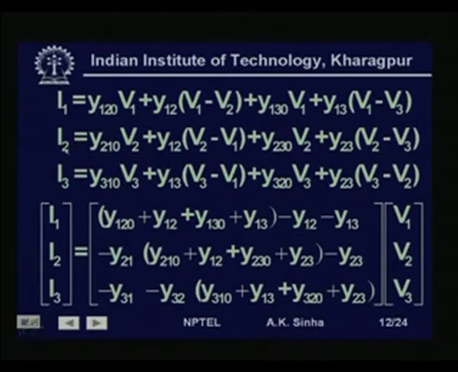Same way, we can write the equations for current injection at bus 2. I2 will be equal to Y210 into V2 plus Y12 into V2 minus V1 plus Y230 into V2 plus Y23 into V2 minus V3.